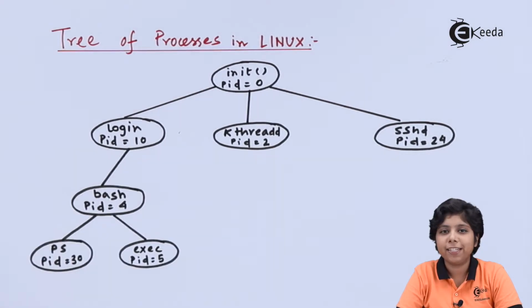Here you can see that every process is given a process name as well as a PID in the tree of processes. So the login process is maintaining the logging on of the user into the operating system.